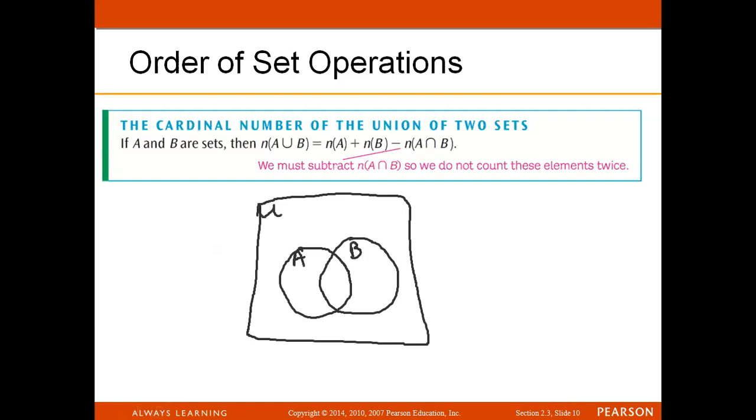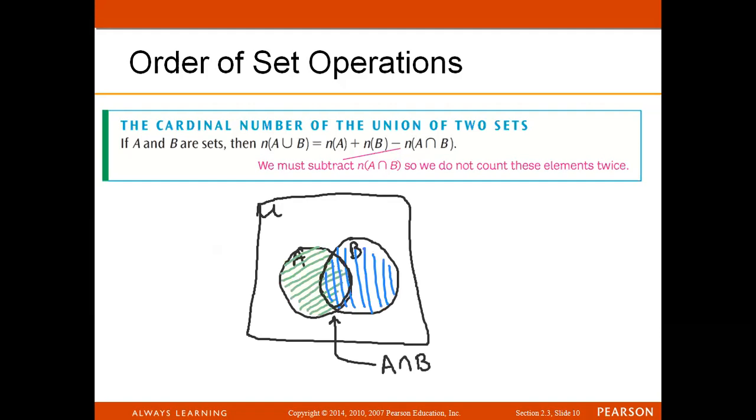A was green, I believe. So if we're counting all the elements in A and counting all of the elements in B, then you can see that I have twice counted this section in the middle. That section in the middle is the overlap. That's what these two sets have in common. And that is called A intersect B.